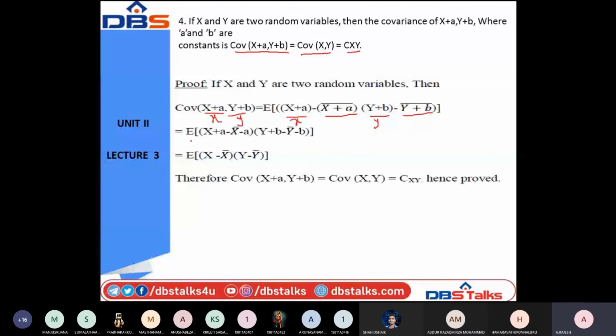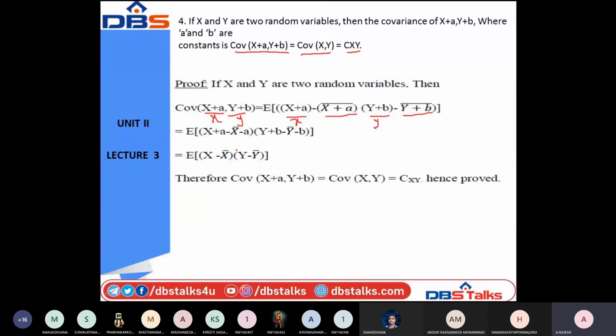So we can write like this, E of X plus a minus expected value of X plus a, that is X complement minus a, into Y plus b minus Y complement minus b. Here, the minus multiplication is covered: minus X complement minus a, next Y plus b minus Y complement minus b.